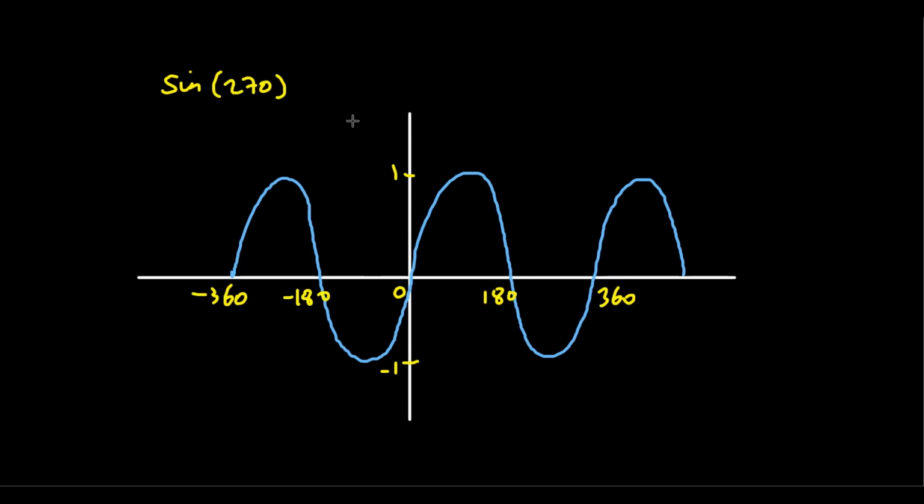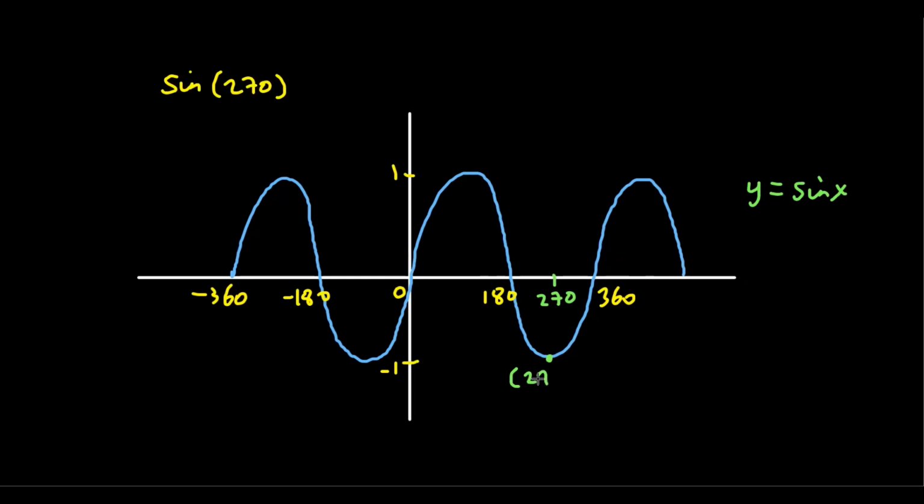So we would start by going to that x coordinate on the graph. So this is the graph of y equals sine x. So this represents the x coordinate because it's over here in the equation. So 270 would be halfway between 180 and 360. And that means the point on the graph corresponding to x equals 270 would be this point.